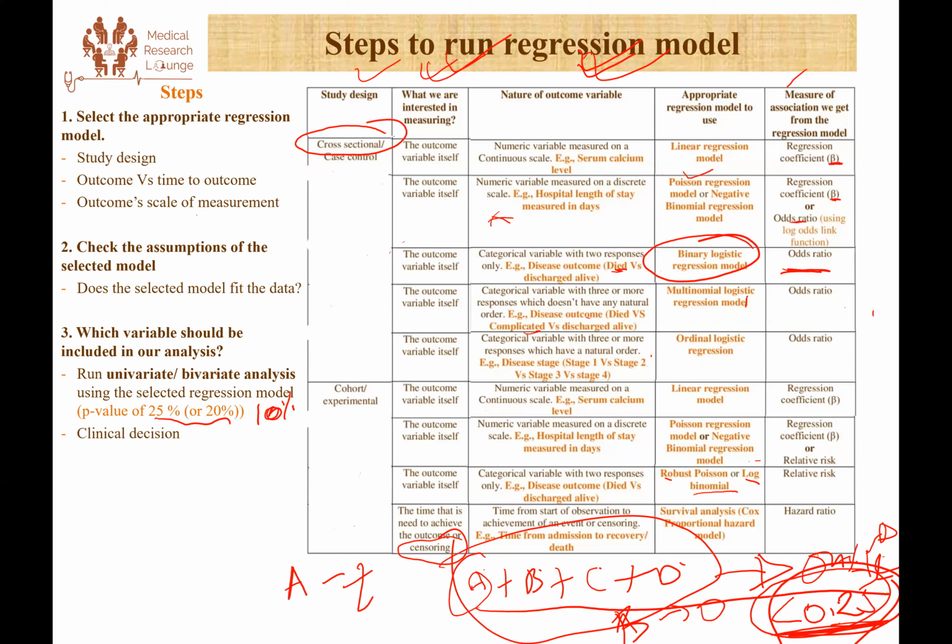So we should add our clinical decision in the selection of a variable, even if it fails the univariate selection criteria. Sometimes we can decide to include it using our clinical decision or from our previous reading, from our previous knowledge. It comes with its own problem, but that is something I'm not going to discuss now.